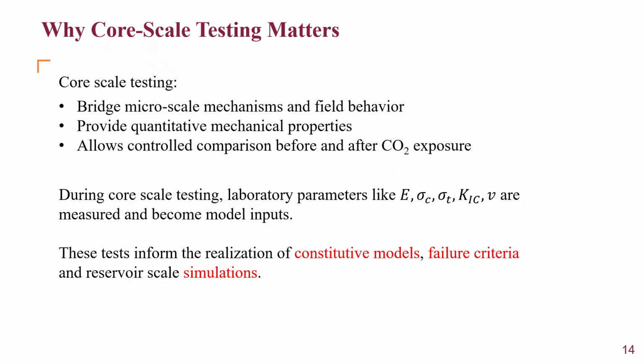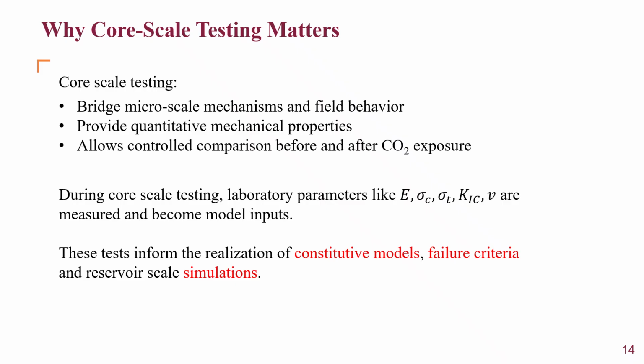Having spoken about all these micro and nanoscale interactions that are happening, it is essential to know how these mechanisms are scaled to the core scale. So it is essential to know why we do the core scale or the macro scale. First of all, this macro scale or core scale bridges the microscale and the field behavior.